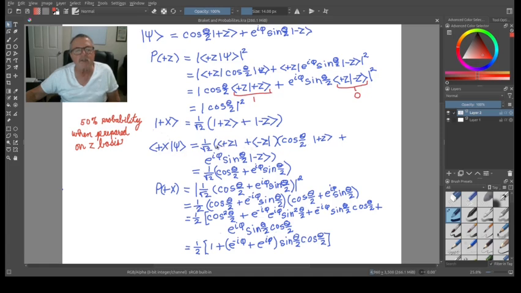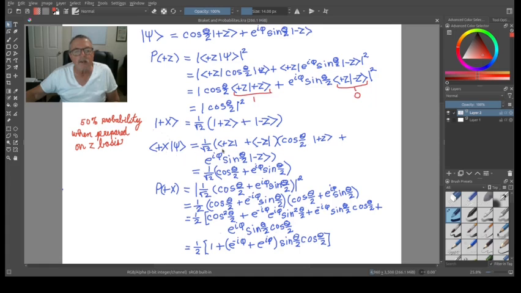This is the version of the bra vector, and this is the cosine theta over 2 from up here, and there's the ket vector for the z plus the e to the I phi sine theta over 2 and the ket vector for that. So as we multiply through on this thing, let's see what happens.